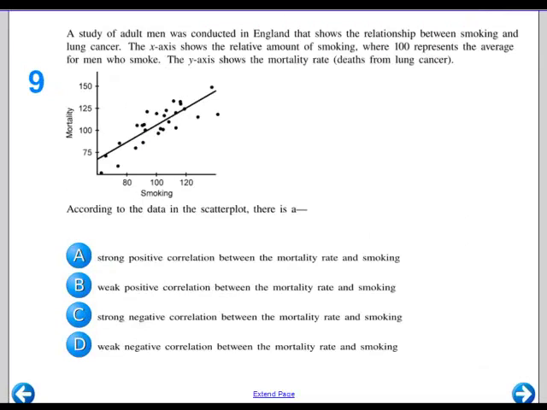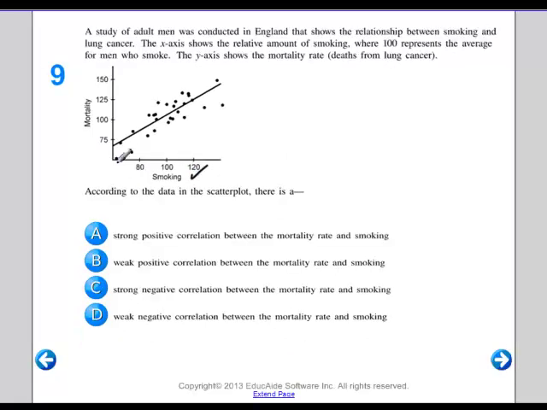Number 9, a study of adult men was conducted in England that shows the relationship between smoking and lung cancer. So obviously we know there is a relationship there. You smoke, generally you get lung cancer, throat cancer. You've seen those commercials. The x-axis shows the relative amount of smoking, so that's over here. This could be packs of cigarettes, we're not sure.